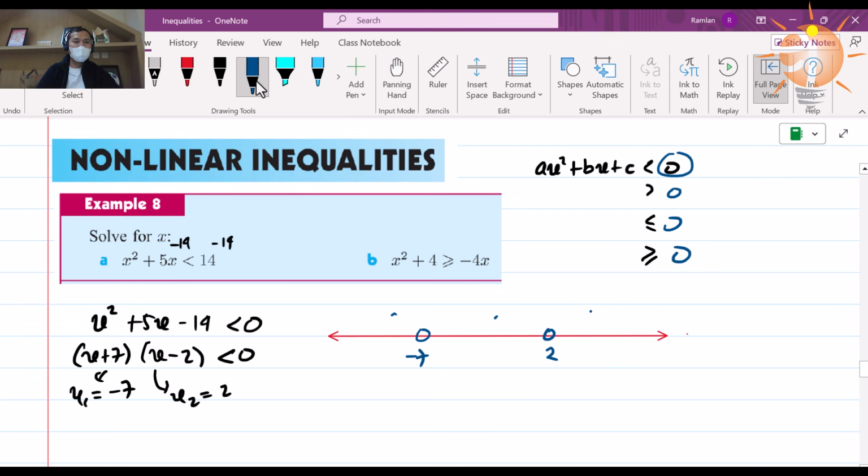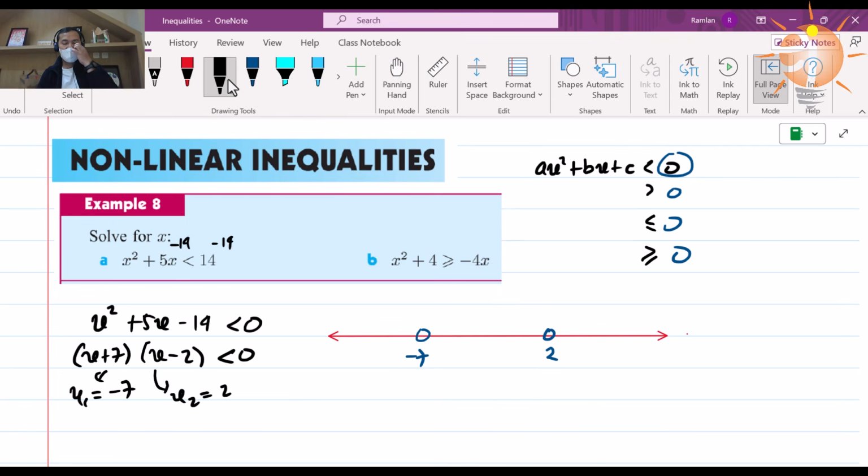So what we're going to investigate is where, if I put a number for x, you will get a negative number, because it is less than 0. For example, I'm just going to pick a random number, but don't use -7 or 2, because if you put -7 and 2, you'll get exactly 0.